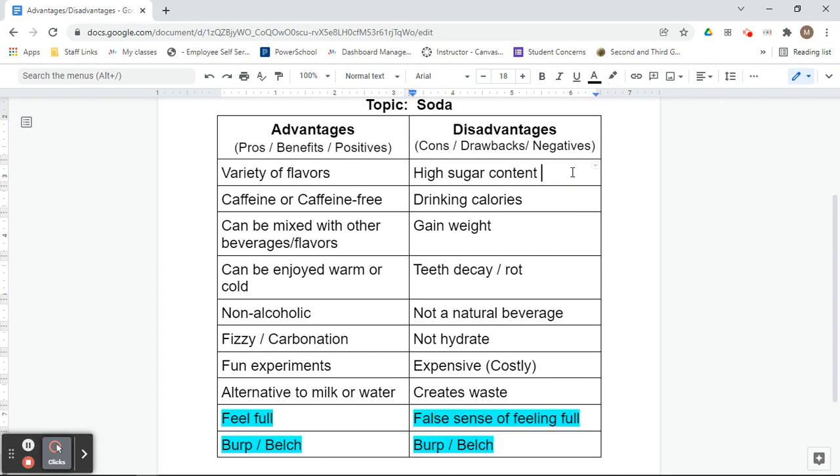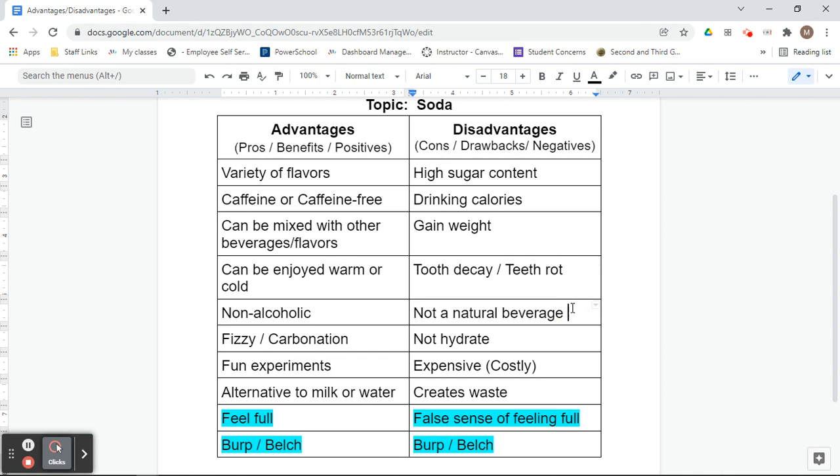A disadvantage, it has high sugar content. Another disadvantage or a con or a drawback or a negative, you're essentially drinking calories without realizing it. It can make you gain weight. You can have teeth decay or tooth decay or rot. Teeth decay sounds weird, so maybe I'll put tooth decay, or it can make your teeth rot, depending on the soda.